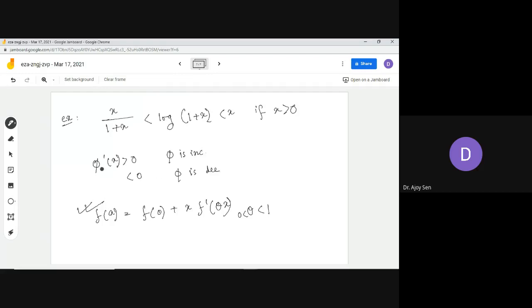This is the application part of phi dash x is greater than 0. Whenever phi is an increasing function, if you check the derivative, the definition of the derivative gives you this.